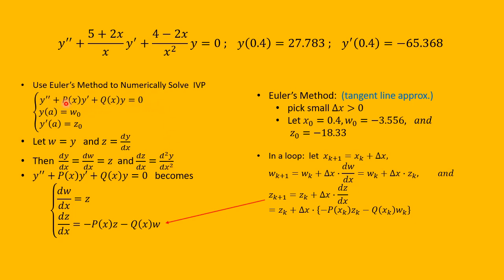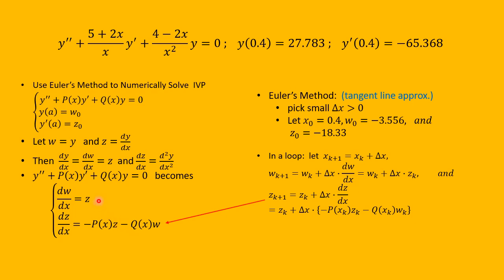Well, from this equation up here, it's going to be minus p of x times y prime, which is z, minus q of x times y, which is w. Just taking these two terms by subtraction, getting something on the other side instead of 0.